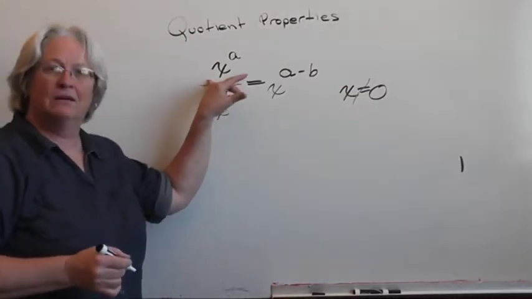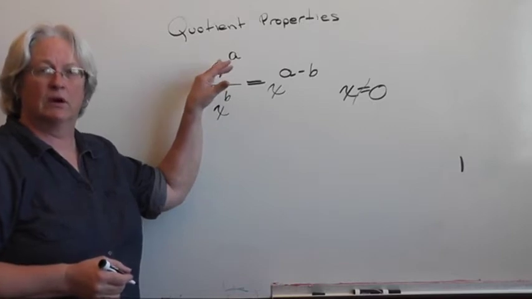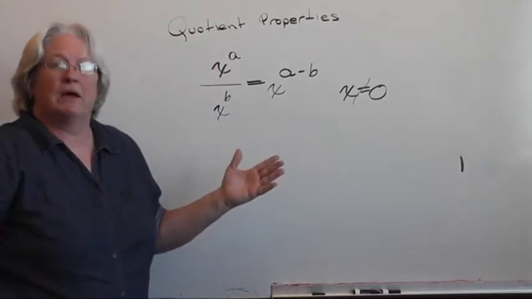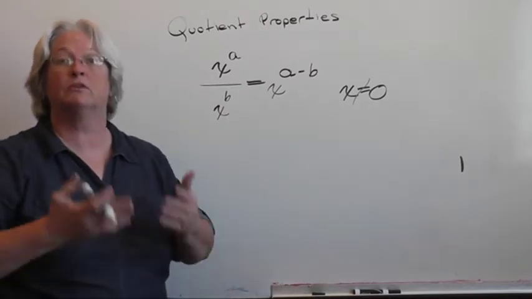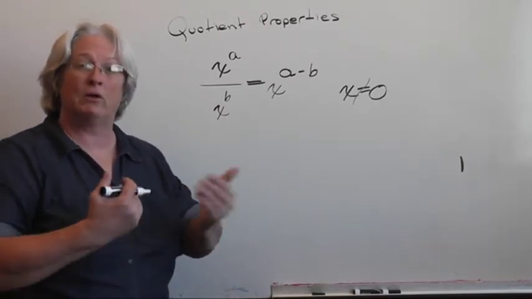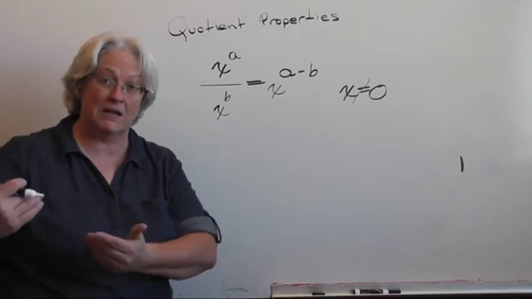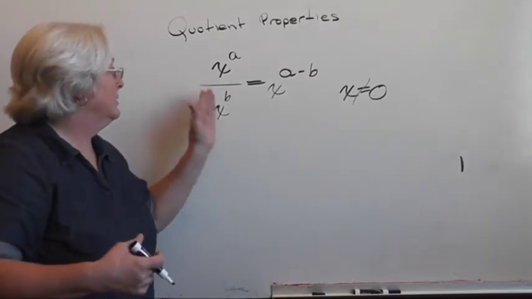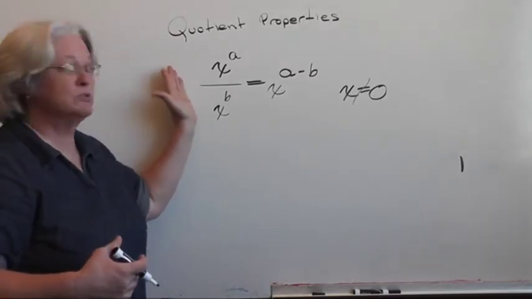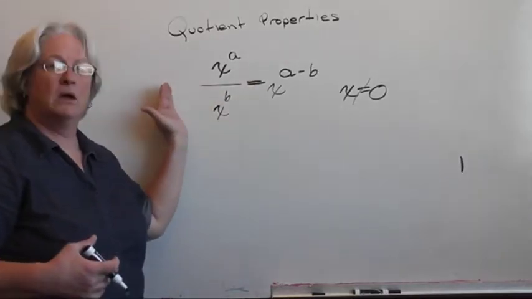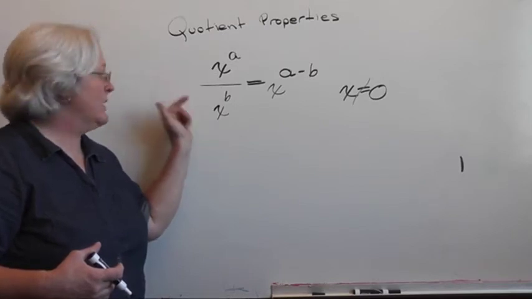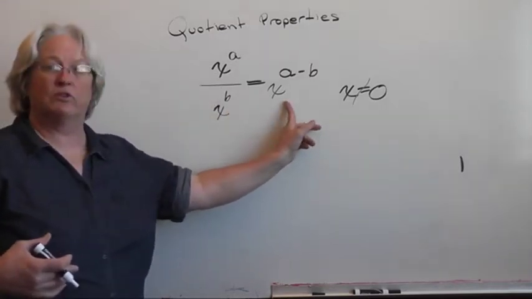The base has to be different from 0, because it doesn't matter if you have 0 to the 10th power, 0 to the 1st power, 0 to the millionth power. No matter how many times you multiply 0 by itself, you're still going to have 0. So this quotient property holds true any time that you have a base that's different from 0.